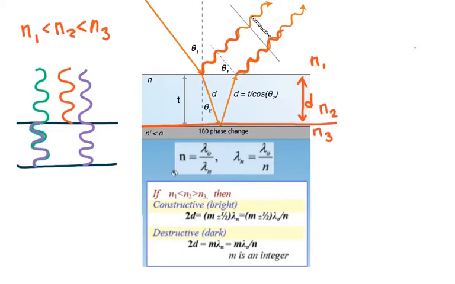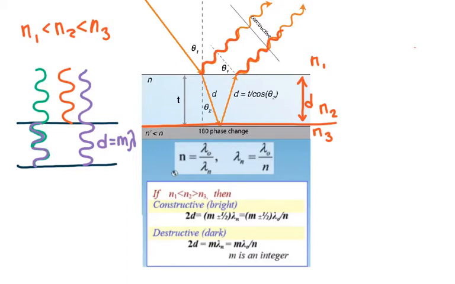So if your d is the number of wavelengths, so I'm going to say m times lambda, I'm going to get constructive interference in this case.